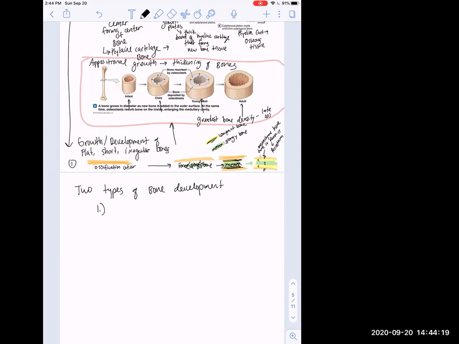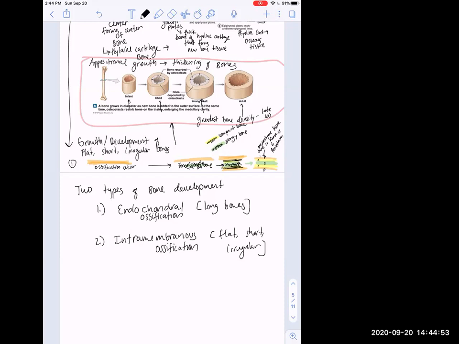You have endochondral, which is how you develop your long bones. And then you have intramembranous, and we usually put the word ossification at the end. This is how we develop flat, short, and to some degree irregular bones.